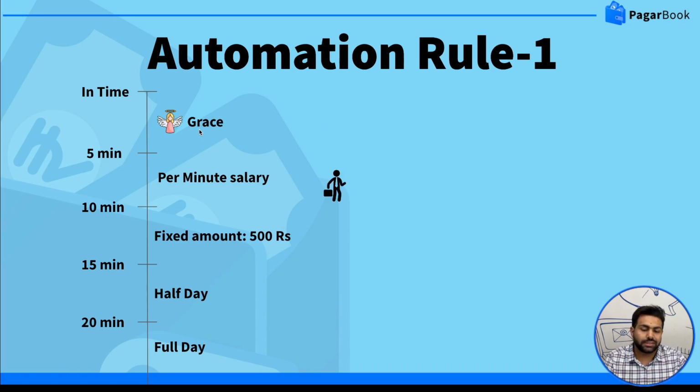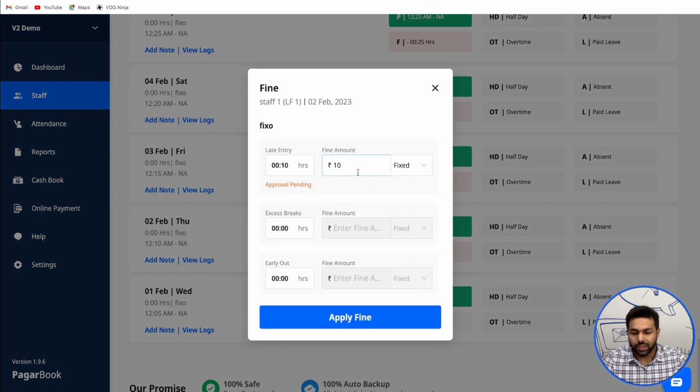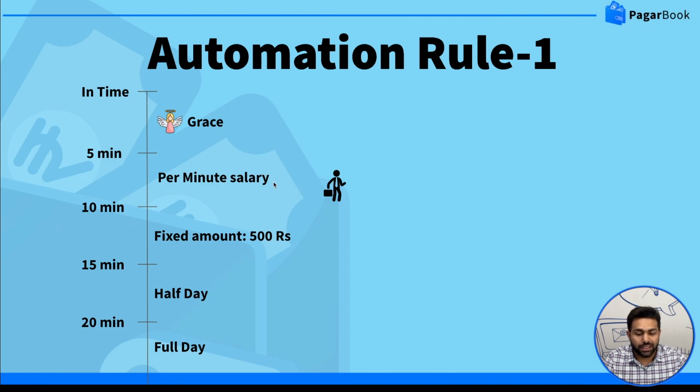Now on 2nd Feb you can see staff is late by 10 minutes. On 2nd Feb staff is late by 10 minutes and hence this is more than the grace period, so fine is deducted. We can check here. For 10 minutes the rule says per minute salary.